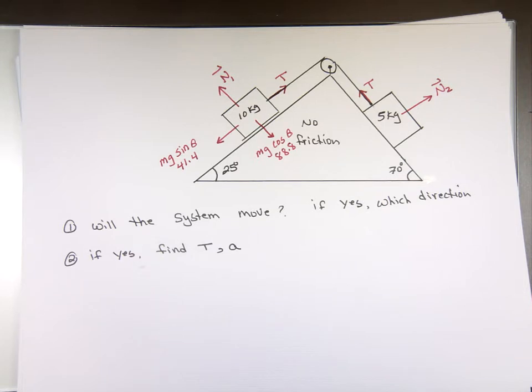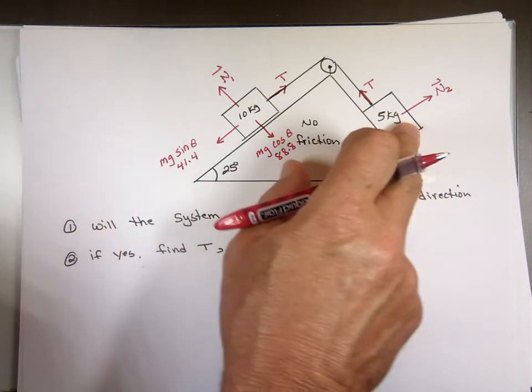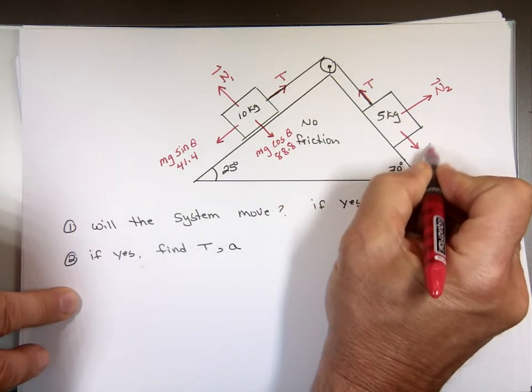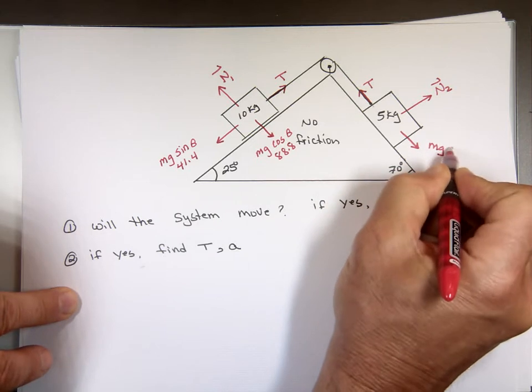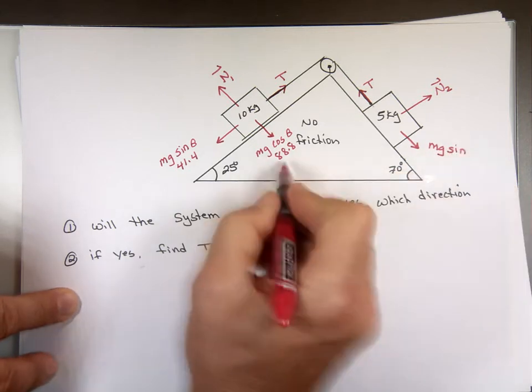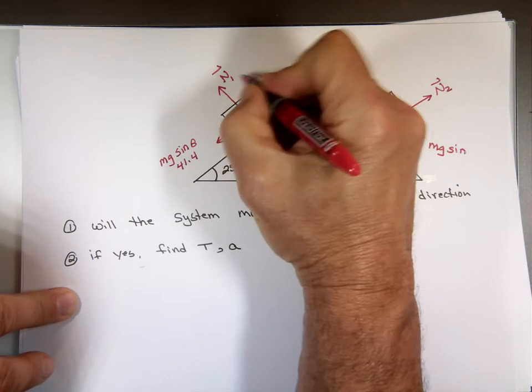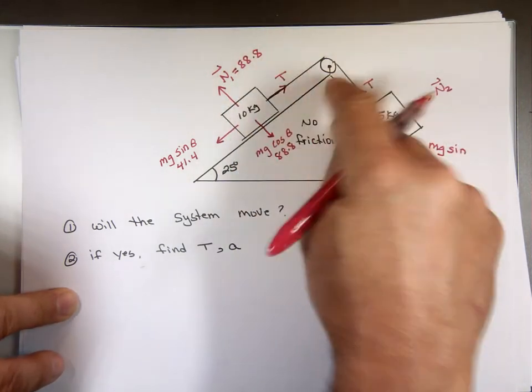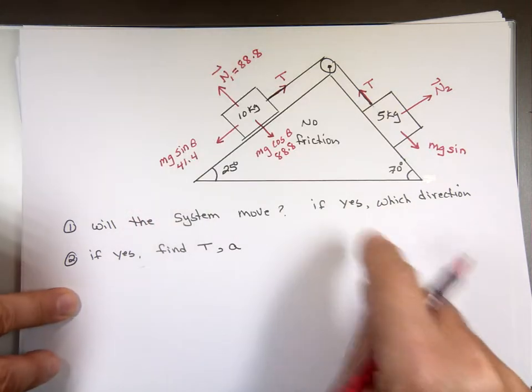Same thing right here. It's absolutely the same thing. mg. Well, doesn't the normal force have to be 88.8? Yes, for this one? Yes. 88.8. Very good. Why? Because the object is going to slide this way. It's not going to move up and down. So these two will have to be equal.